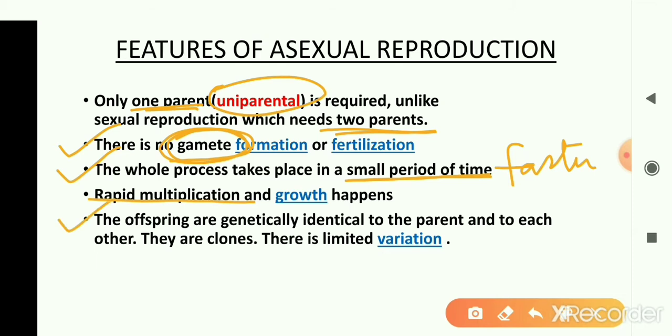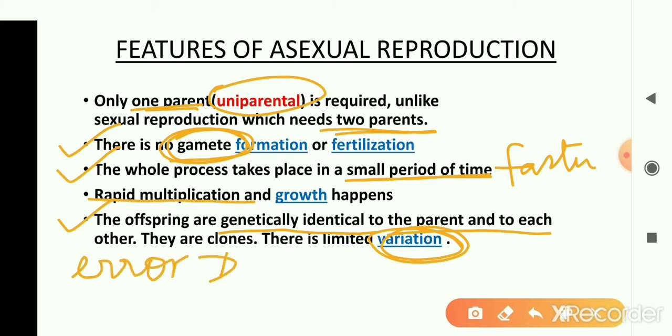And the young ones produced as a result of asexual reproduction are genetically identical to the parent. That means the variations that are produced are quite less. Try to recall, in my previous video I had discussed the reasons for variations. In case of asexual reproduction, the only cause of variation will be error in DNA copying.